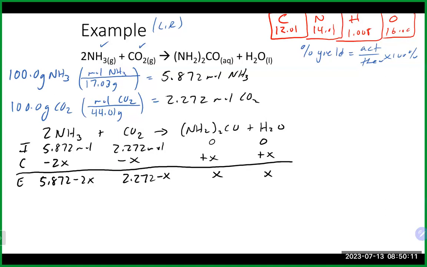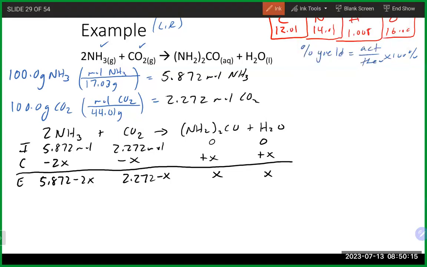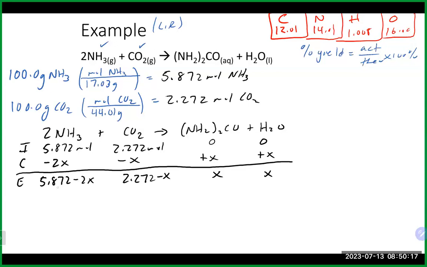So this is the part where we're going to determine the limiting reagent, and we're going to set each of our reactants equal to 0 and solve for x. So when we solve for x here, for the first one, we basically just needed to divide it by 2. And that gets us 2.936 moles.